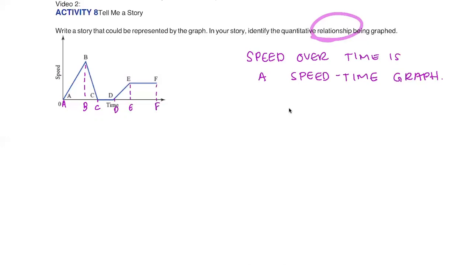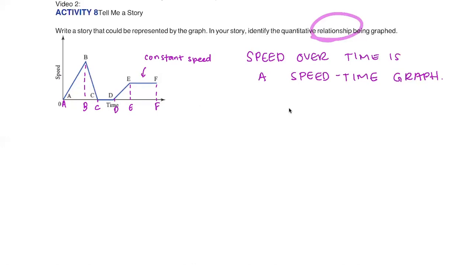If you recall from the previous video, in speed time graphs, horizontal lines represent constant speed. So this E to F is some constant speed. So we're maintaining that steady constant pace.